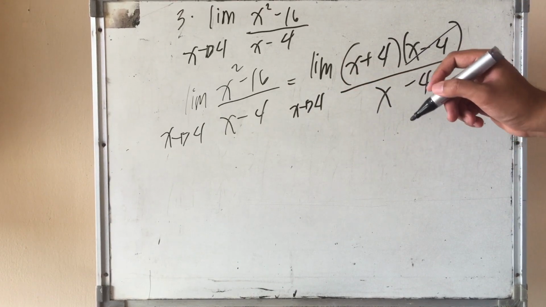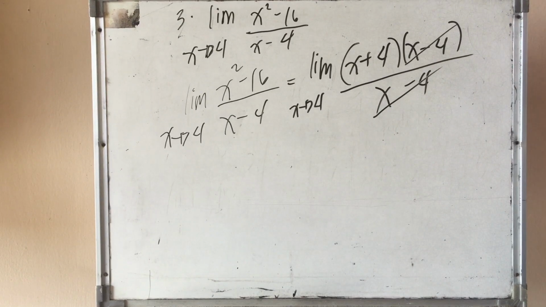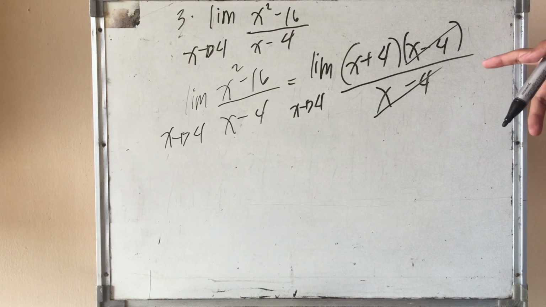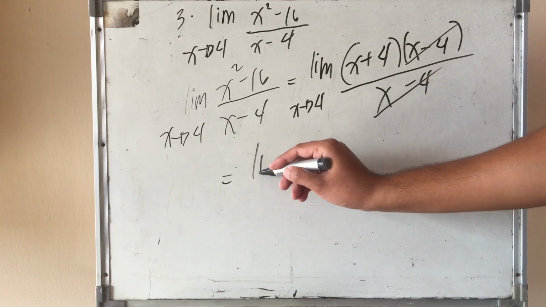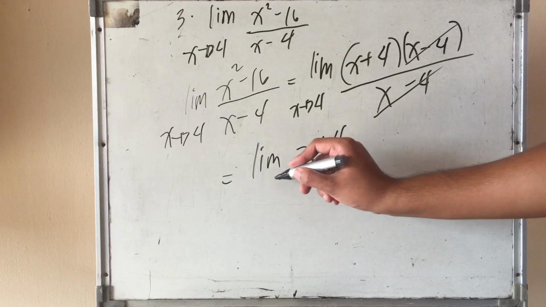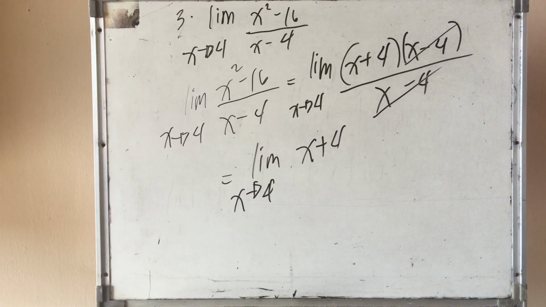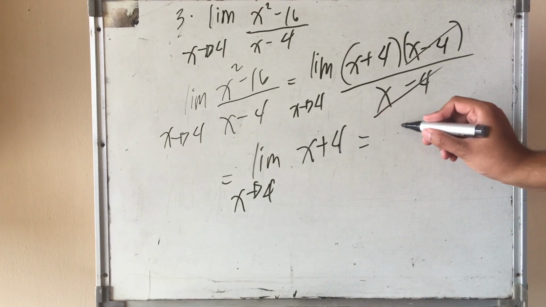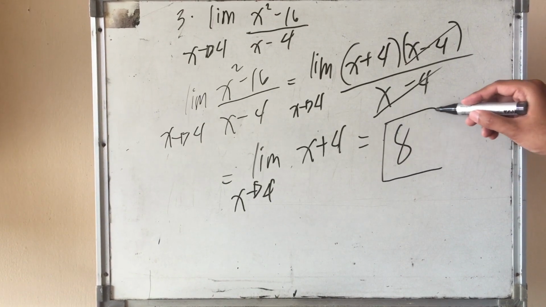Cancel out x minus 4. Therefore, upon canceling out x minus 4, we will have the limit of x plus 4 as x approaches 4. So this is equal to 8. Answer.